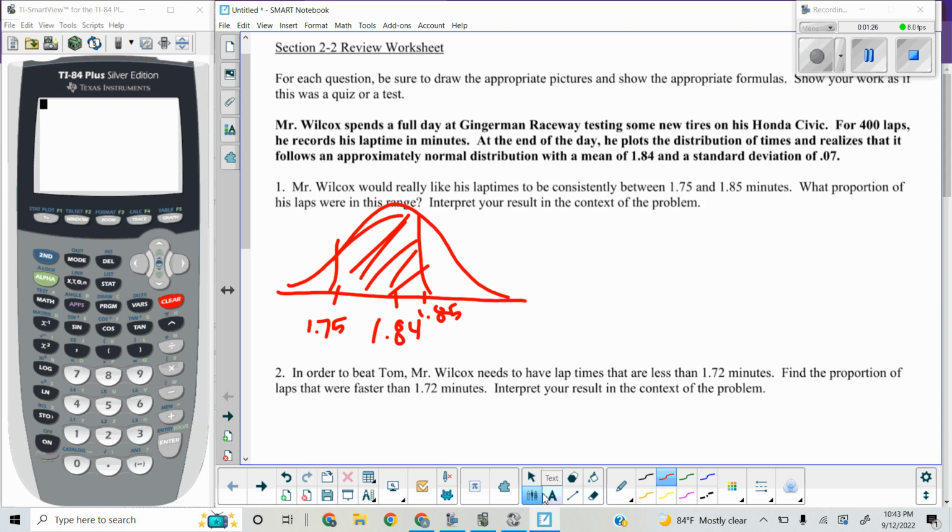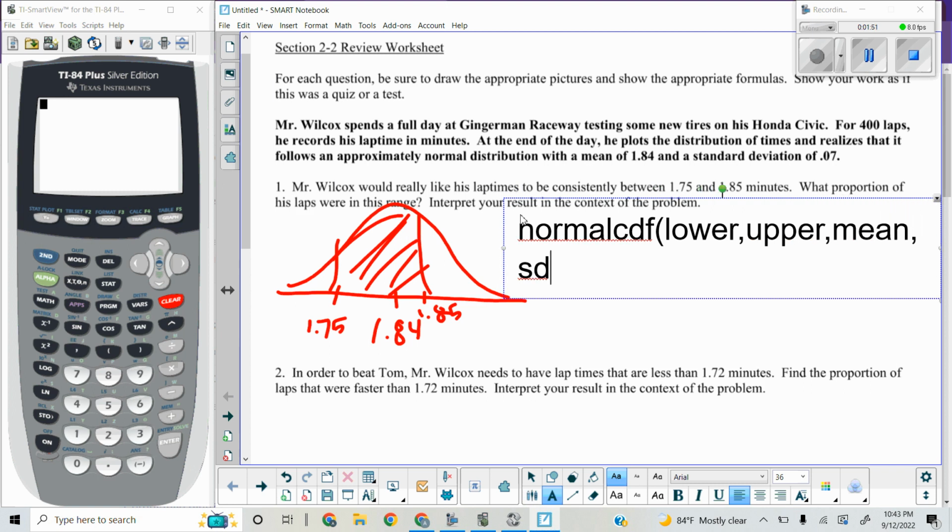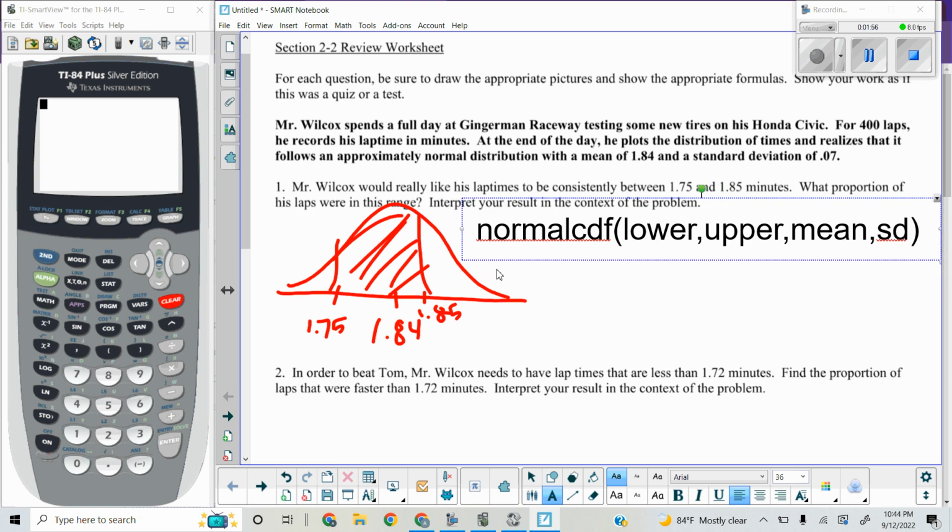So our calculator actually has a formula that is called a normal CDF, and that stands for cumulative distribution function. How we use this is we find our lower bound, our upper, our mean, and our standard deviation, and we can plug all of this into this formula that our calculator has.